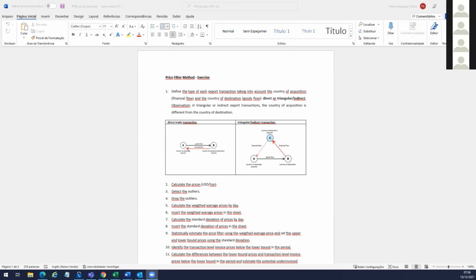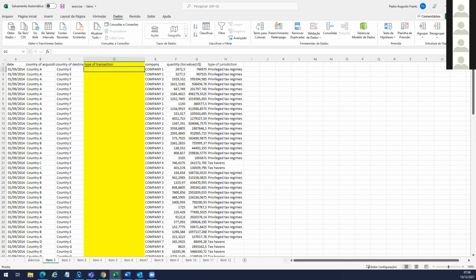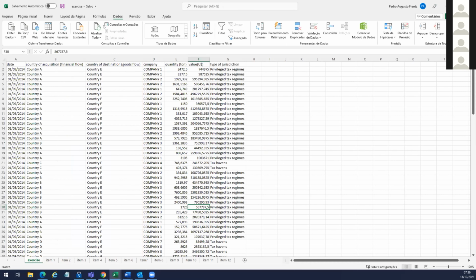You received two files, one called exercise, the other called exercise answers. Exercise answers has all the solutions, but I suggest that you start with the exercise file to try to do the exercise and fix the concept.